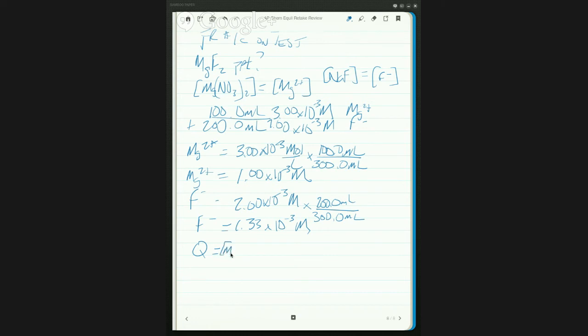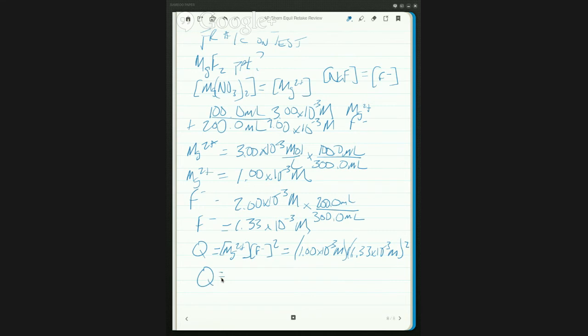Okay, so we're still doing Mg2+ times F minus squared, which has been our same thing the whole time, which means it's Mg2+, which is 1.00 times 10 to the negative third molarity, times 1.33 times 10 to the negative third molarity squared, okay?